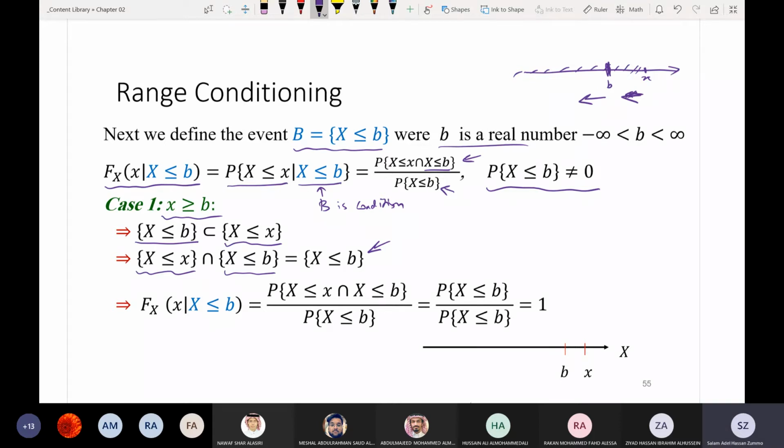And because of that, applying the conditional definition, اللي هو the probability of the intersection divided by the probability of the condition, gives you the probability of x less than or equal to b divided by the probability of x less than or equal to b, which is equal to 1. واضحة يا شباب؟ Any question?